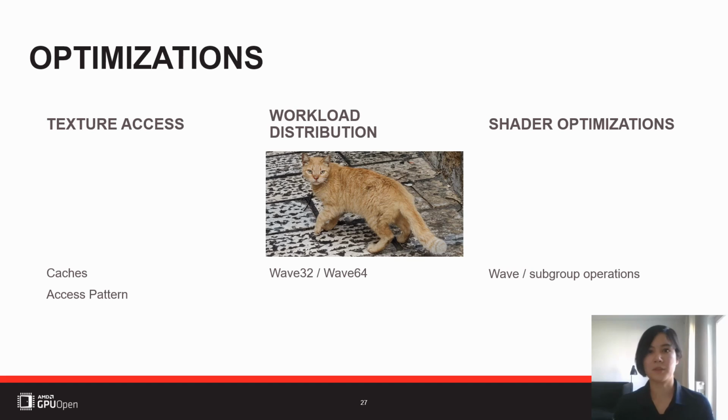This year we'll talk about this weird thing that we now have a wavefront size of 32, but sometimes also a wavefront size of 64, which is a new concept. On GCN it was always a wavefront size of 64. And then the last topic is about shader optimization. I will talk about DPP and LDS permute instructions. If you have no idea what this means, I will talk about this later.